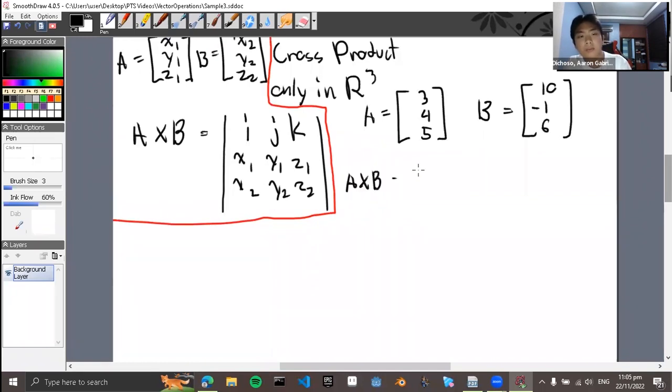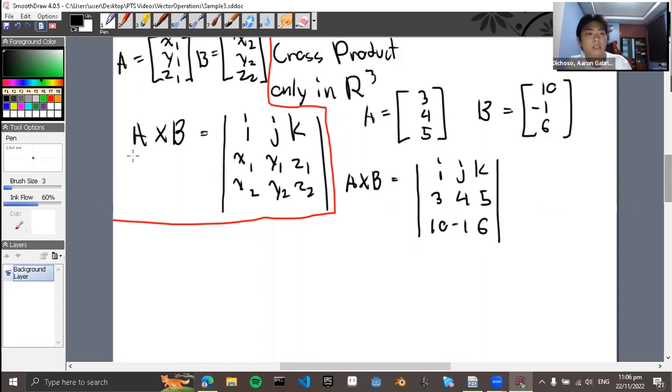A cross B would then be equal to the determinant of i, j, k, 3, 4, 5, and then 10, -1, 6. We line up the vector A on the second row. Tapos for B, we line it up here, so third row.